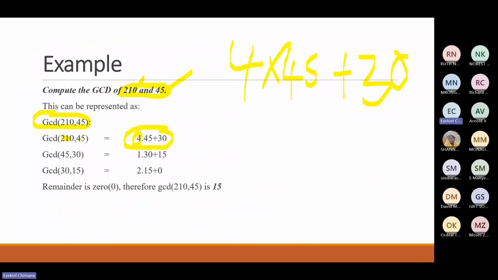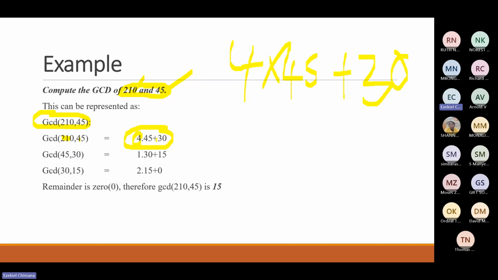We are expressing this result in terms of 210. If you solve this, saying 4 times 45 plus 30, you are going to get 210. I'm sure you are seeing where we are coming from.